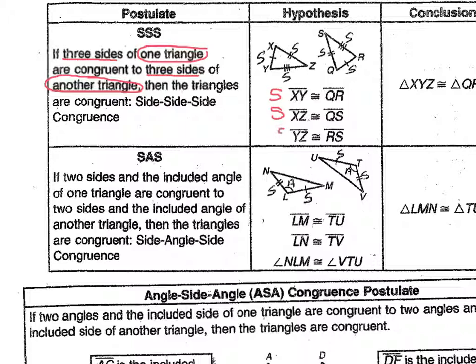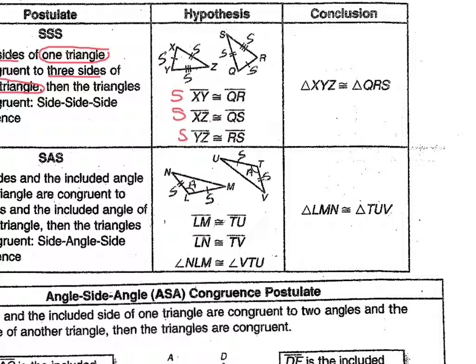So therefore, conclusion, the triangle XYZ, XYZ, so it starts from X, and X is congruent to Q, so you start at Q. Okay, so it's X, Y, Z, so it's Q, R, S.